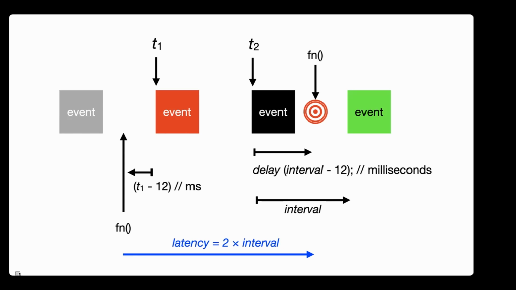And at this point, I start counting cycles. And I count cycles for exactly the interval between events minus 12 milliseconds. And when my timer expires, now I know the exact time to call my function 12 milliseconds before the next event will occur. It solves my problem. If I had a time machine, it would have solved my problem a lot more straightforwardly, but I don't have a time machine, so I wasn't able to do that.